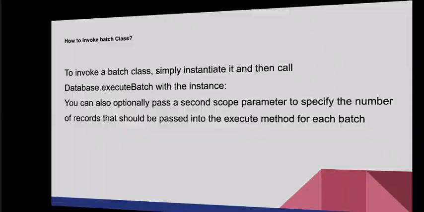Correct. So the next question is, what is the state of the batch Apex? So typically it is stateless, and we can make it stateful though. But initially, as I said, it is stateless, and each batch Apex job is considered a discrete transaction. So, for example, if the batch job contains 5,000 records, and batch size is 200 records each, it will have separate transactions for 200 records each.